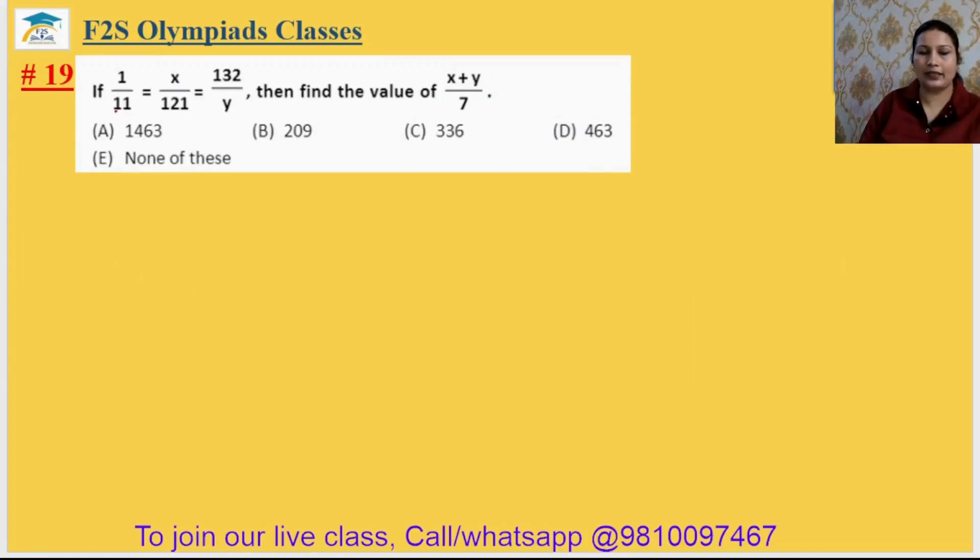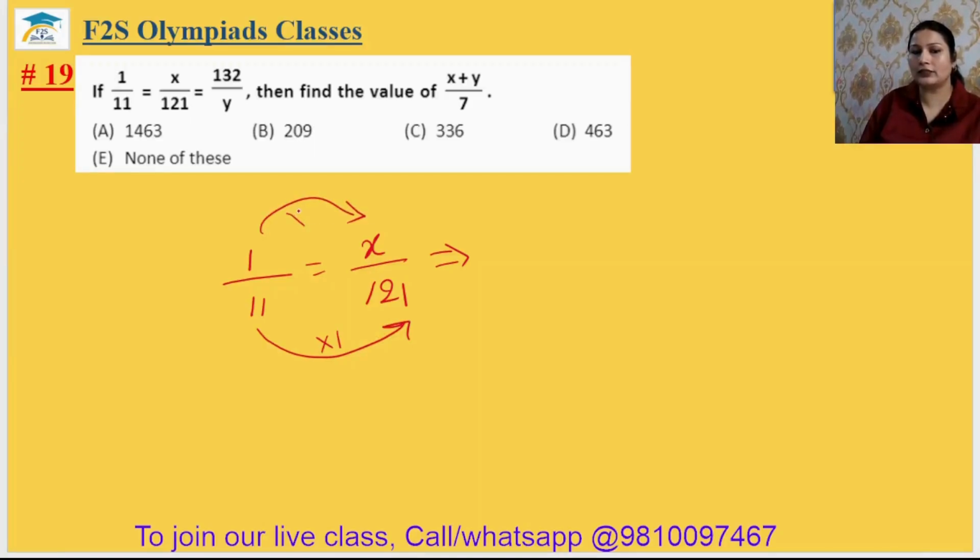Question number 19. 1 by 11 equal to x by 121. So first, 1 by 11 equal to x by 121. This implies x should be 11, because 11 11s are 121, so x equals 11. Now 1 by 11 equal to 132 upon y. In this type of question, we always try to make the equivalent with the lowest or simplest fraction.